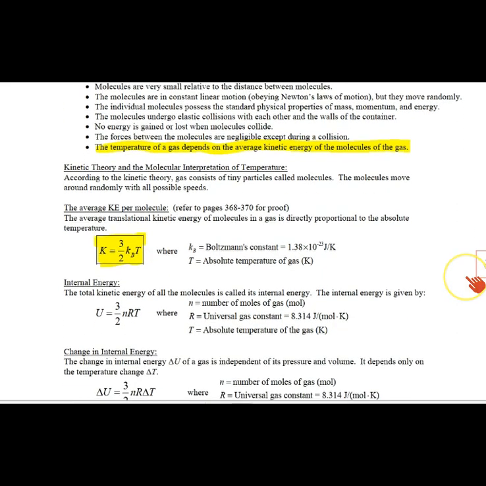Now, not on the AP equation sheet, but a very helpful one to know, is U equals 3/2 times nRT. n is the number of moles. And you can see that's just simply if you took this average kinetic energy and multiplied by N molecules and then rewrote it and got rid of the number of molecules, using Avogadro's number and its relationship with the Boltzmann constant, you would get this expression over here of U equals 3/2 nRT.